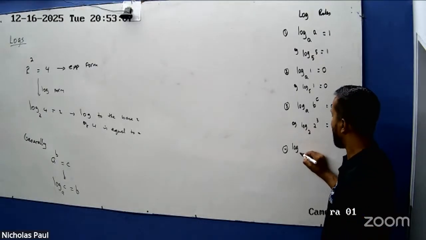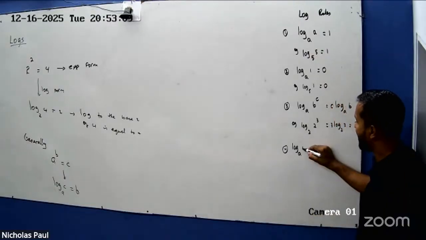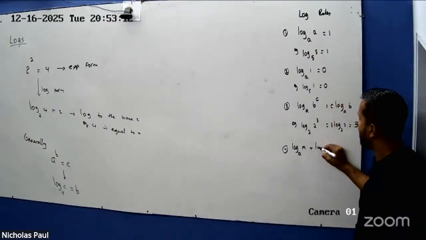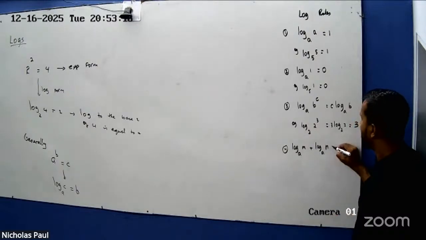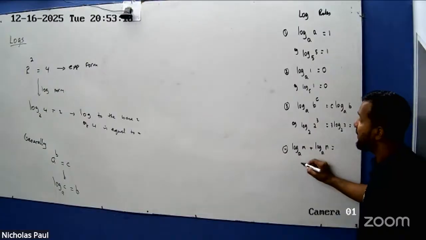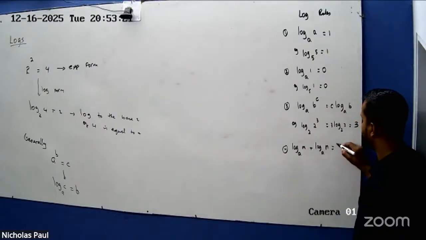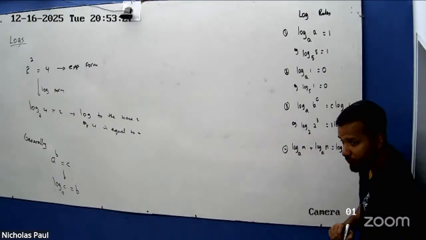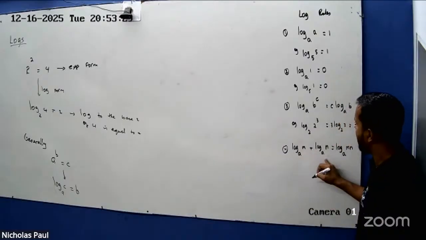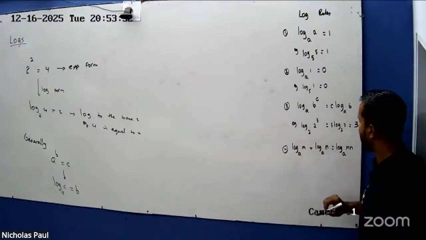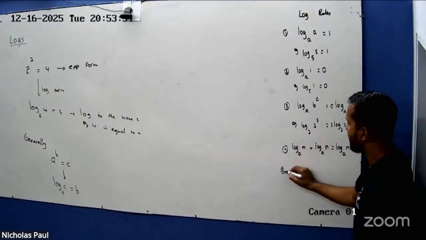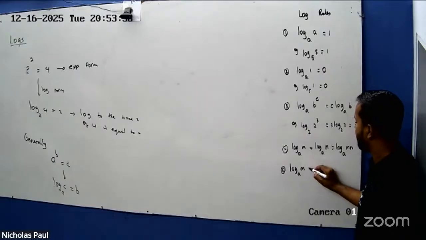If you have log to the base A of m, and you add it to log to the base A of n, what you can do is you have the same base and addition sign, you can multiply. So it's log to the base A of m multiplied by n. Right? Same base, addition sign, you multiply. And number 5, same base, subtract sign.